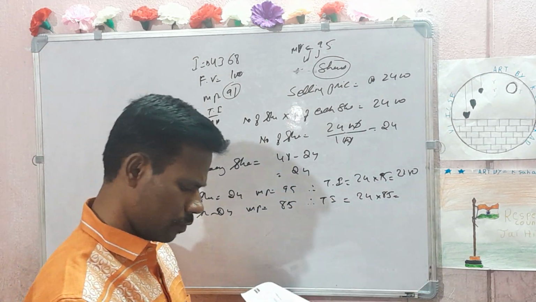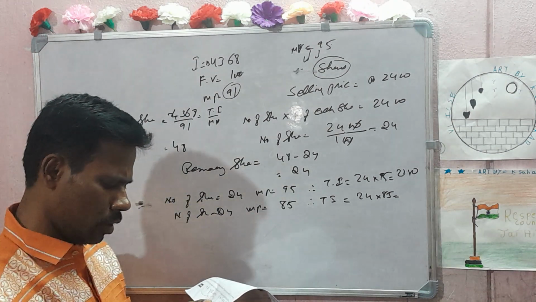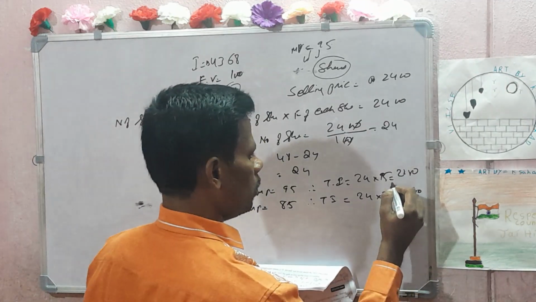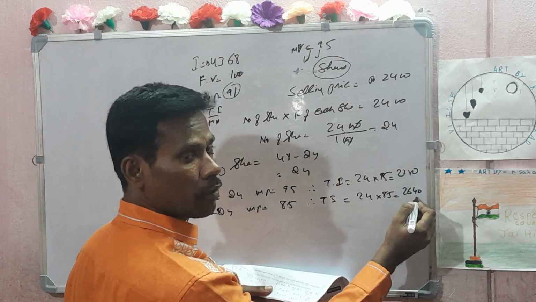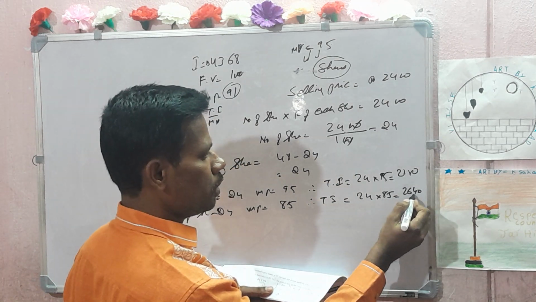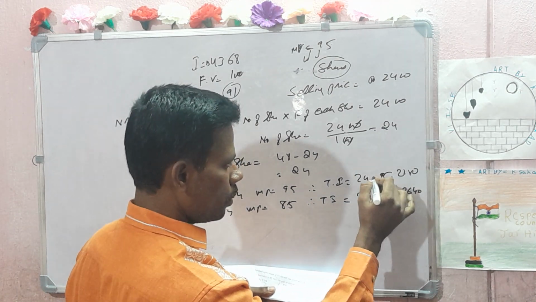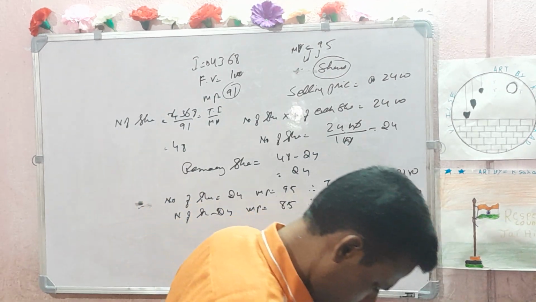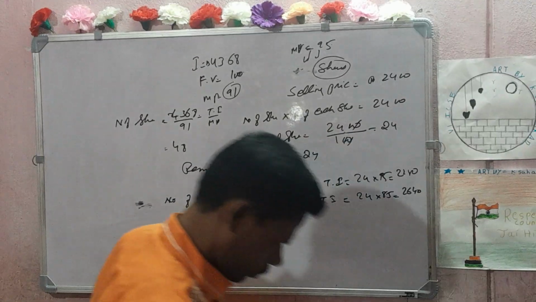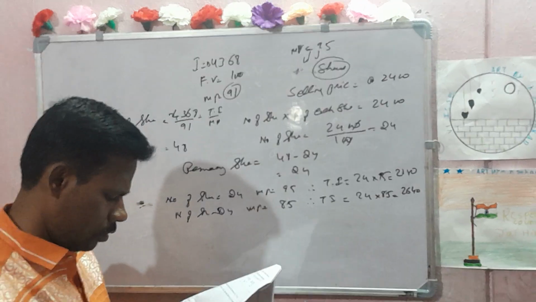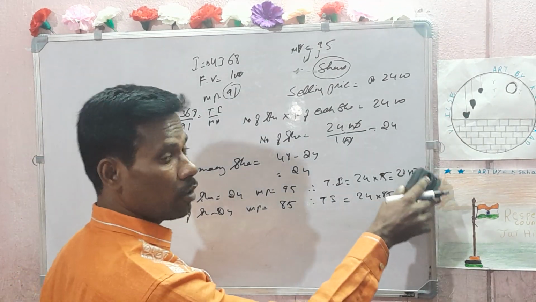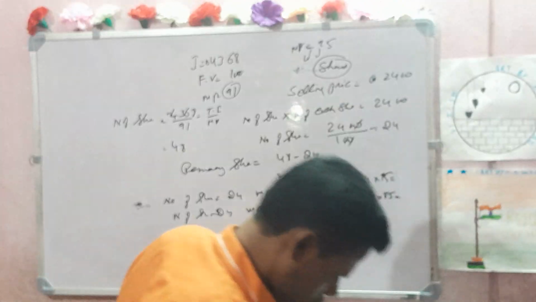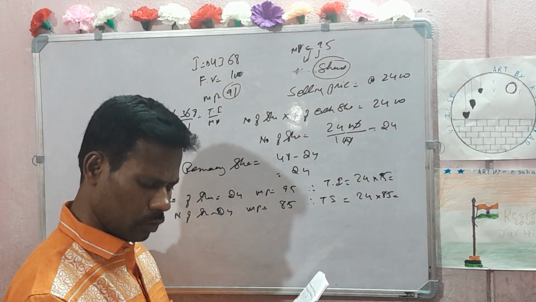This is nothing but 2280, and 24 into 95 is 2640 here. You just multiply by yourself, and when you add all this, the answer is 4320.